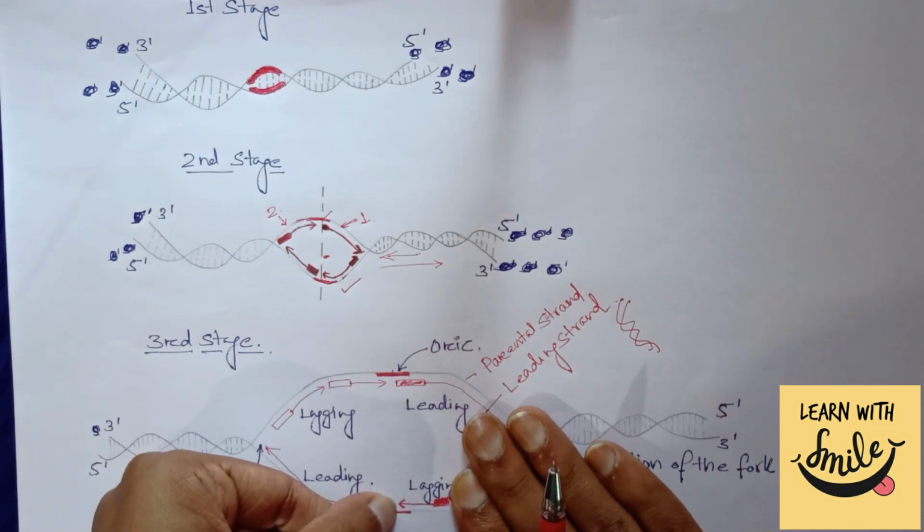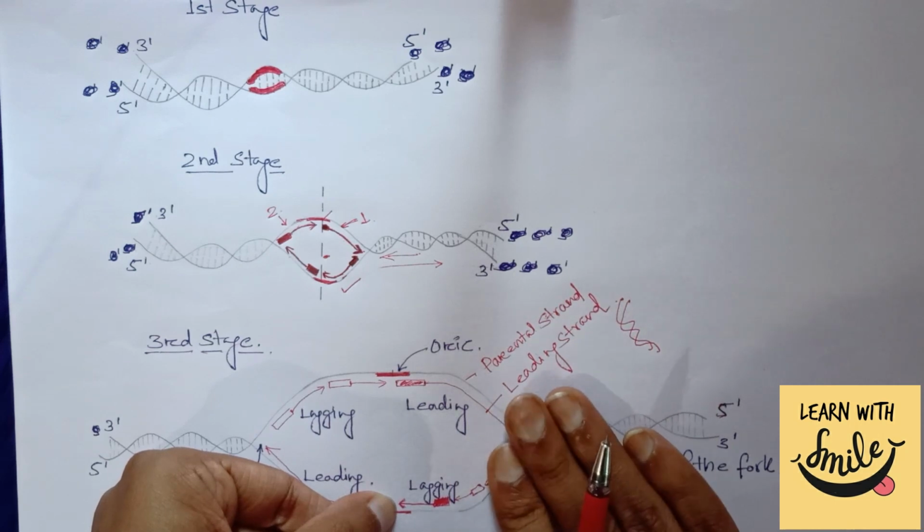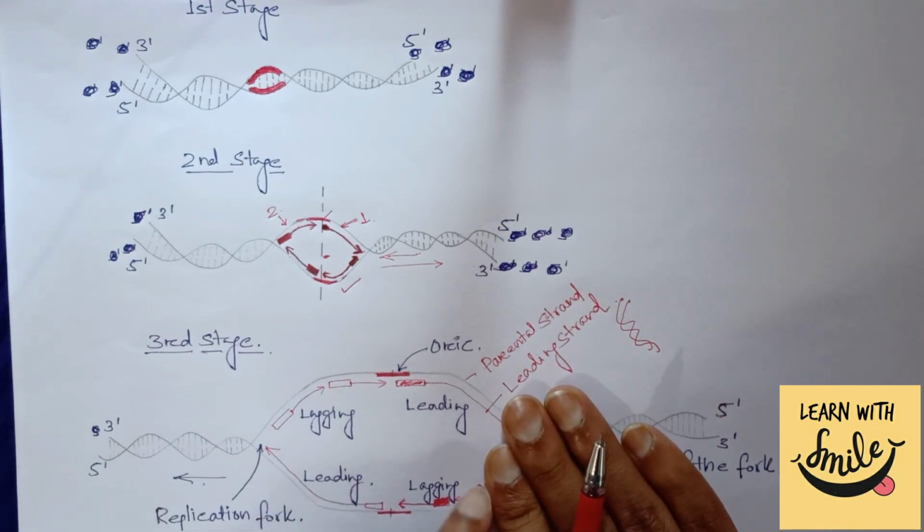But as the replication fork opened further to this particular part, there was no RNA primer to initiate the process of replication. Therefore, again a primer was attached to this particular end, and which provided the 3' OH, because of which the DNA polymerase could proceed forward the replication process.